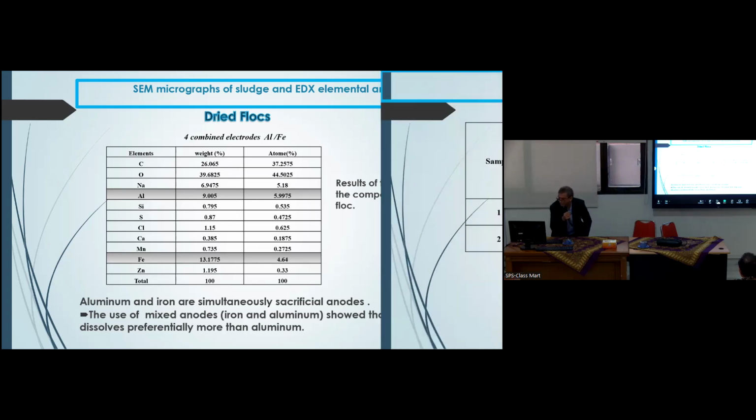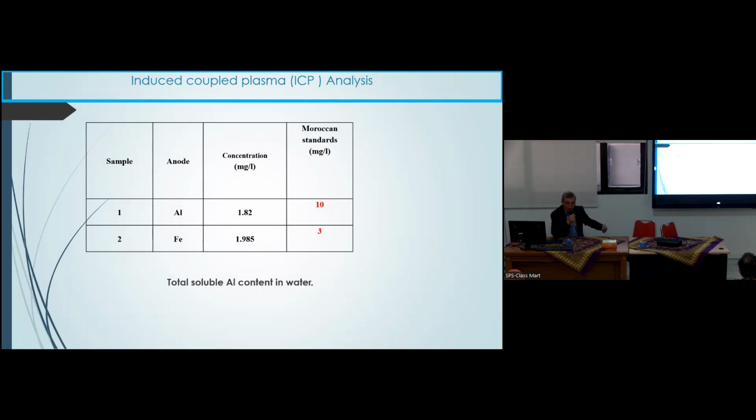And in the solution, the Moroccan standard for aluminum is 10 milligrams per liter, and we have only 1.80. For iron, it's allowed to have 3 milligrams per liter in the solution, and we have almost 2. It's less than that. We have respected the Moroccan standard concerning this aspect.